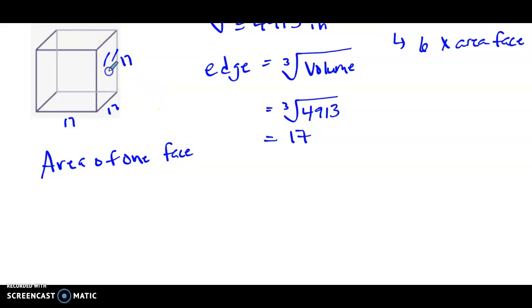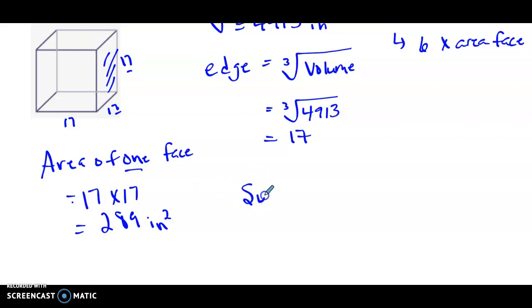If we look at one side of our cube, it has dimensions 17 by 17. So take a second, grab your calculator. We want 17 squared, or remember you can do 17 multiplied by 17. And you should get an answer of 289 square inches. However, we're still not finished. That's the area of one face.